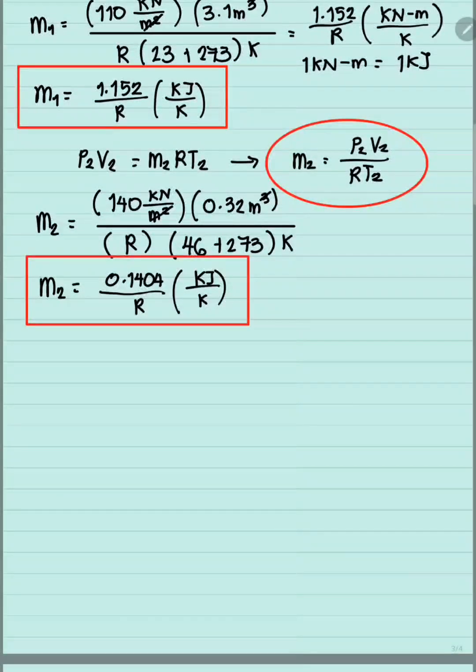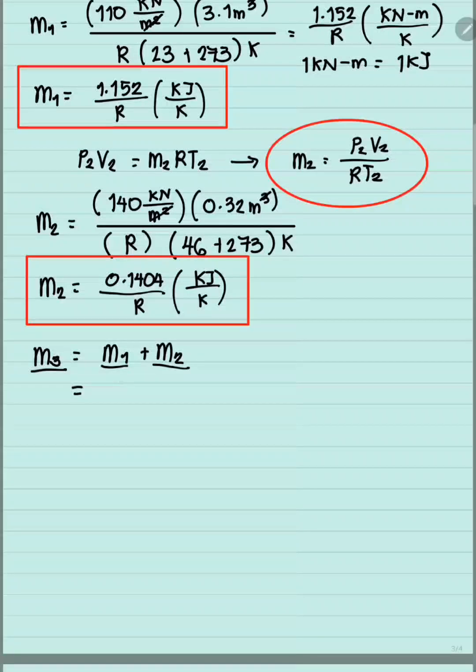Let's proceed further. We can say that M3 is equal to M1 plus M2, since we can utilize these values of M1 and M2 to get the M3.